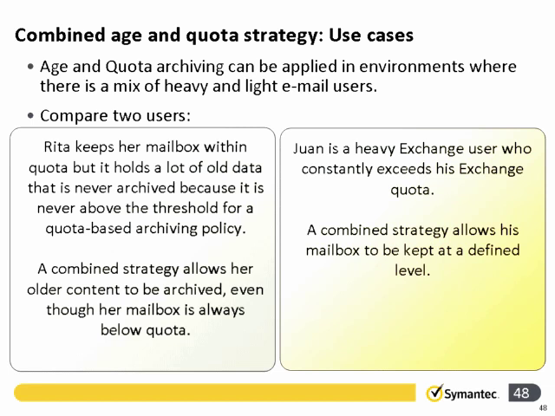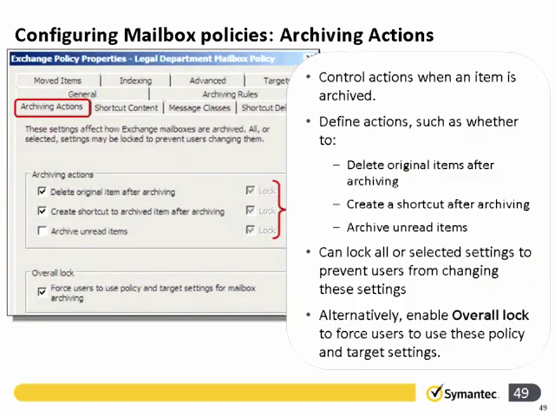Juan is a very heavy Exchange user who constantly exceeds their quota, so they'd be archiving all the time. Because we have a mixture of users of Exchange, we're going to have a mixture of needs for archiving, so you need to have the option to include both quota and age-based together.